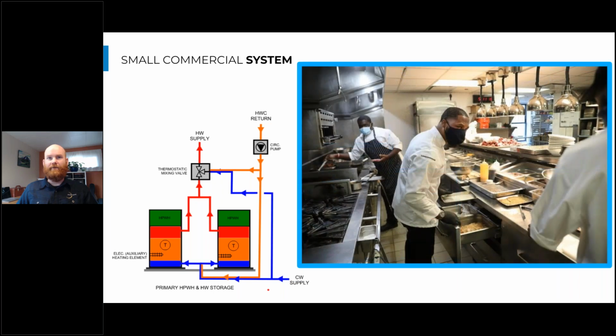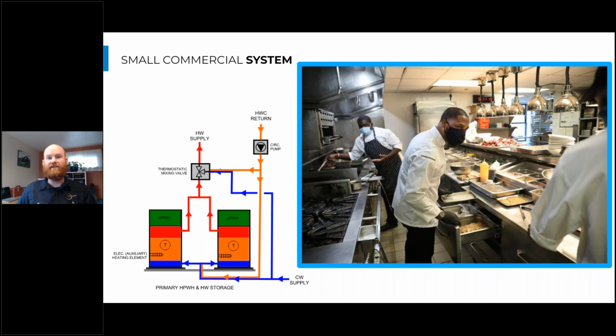The integrated residential products also work really well for commercial kitchen environments. We typically always have a cooling requirement in those commercial kitchens, and a heat pump is taking heat out of the air, putting that heat into water, and discharging cool air.